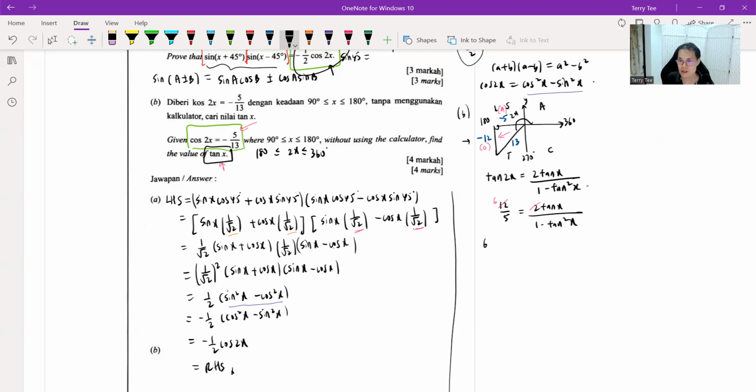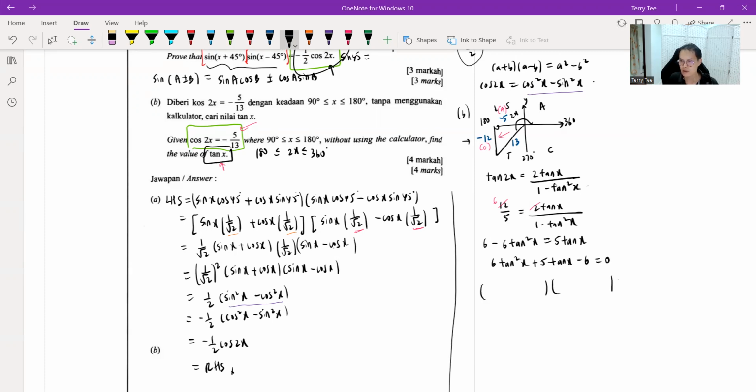I just cross, 6 minus 6 tangent square x equals 5 tangent x. Bring everything to the same side: 6 tangent square x plus 5 tangent x minus 6 equals 0.